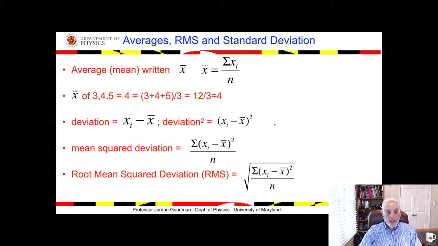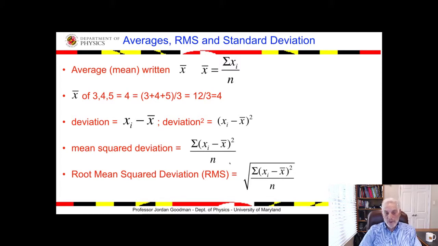So we're going to compute a couple of other numbers here, which is the mean squared deviation, which is the deviation squared, and we'll compute the average or mean of that. So to compute the mean of anything, you add the numbers up and divide by n. So in this case, we add up the squared deviations and divide by n. We can also compute something called the root mean squared deviation.